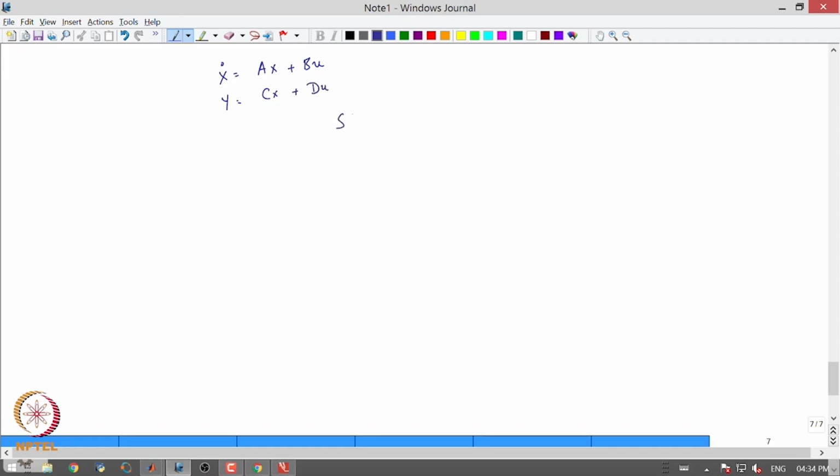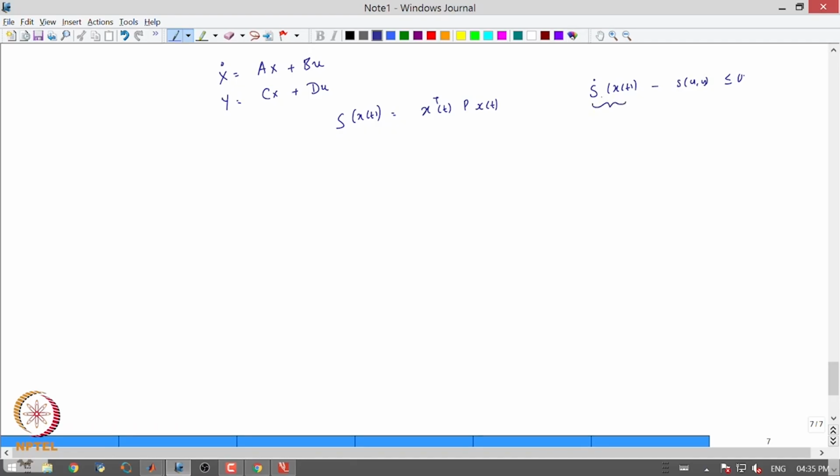Okay. My storage function S of x of t is say x transpose P x. Let me leave out the half for the moment. Now what I should find out is how S dot of x(t) minus the supply of u comma y should be less than or equal to 0. First let us look at this term.